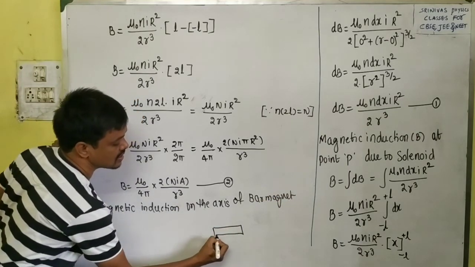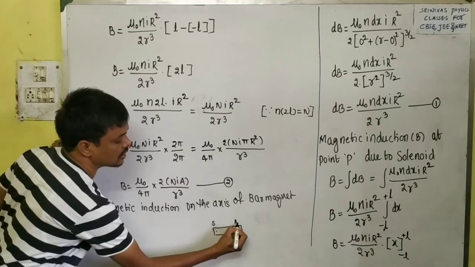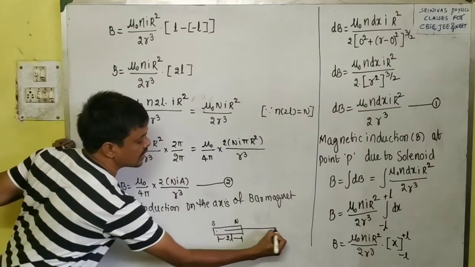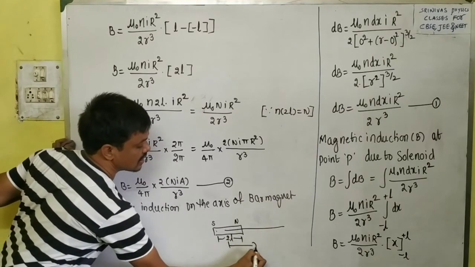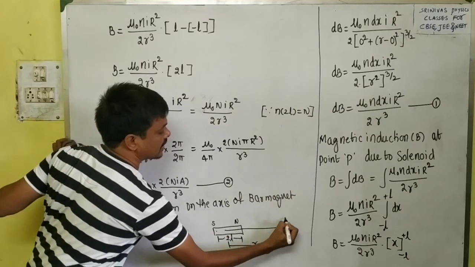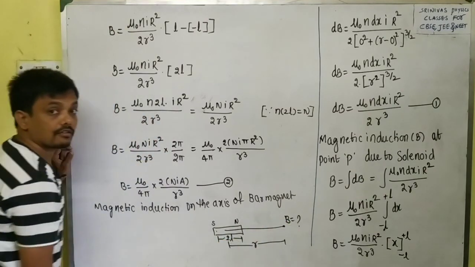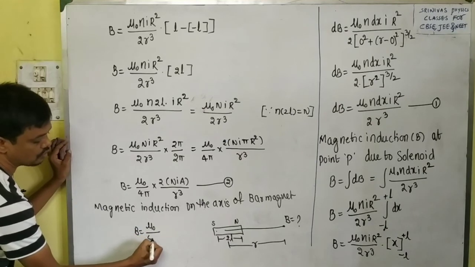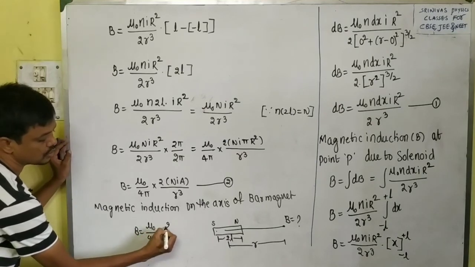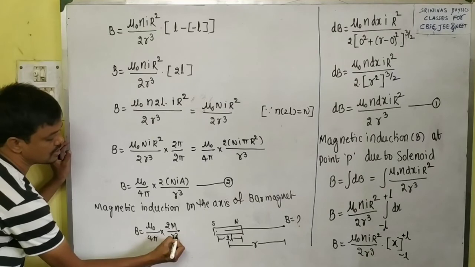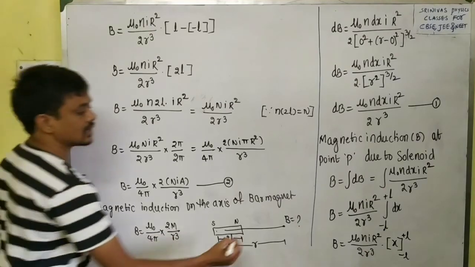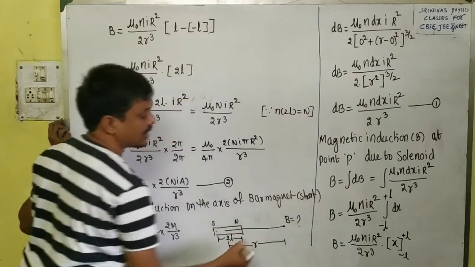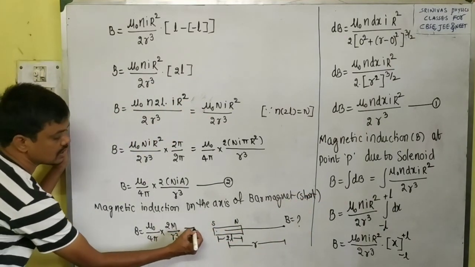What is the formula? This is the south pole, this is the north pole, its length is 2L, and at a distance r from the center, the magnetic induction on the axis is B equal to mu naught by 4 pi into 2m by r cube. This is in the case of a short bar magnet only, and this is equation 3.